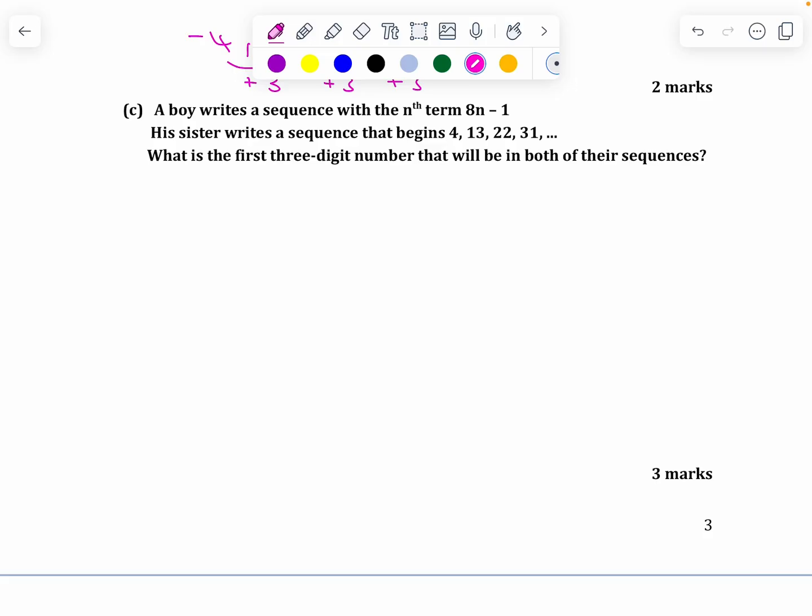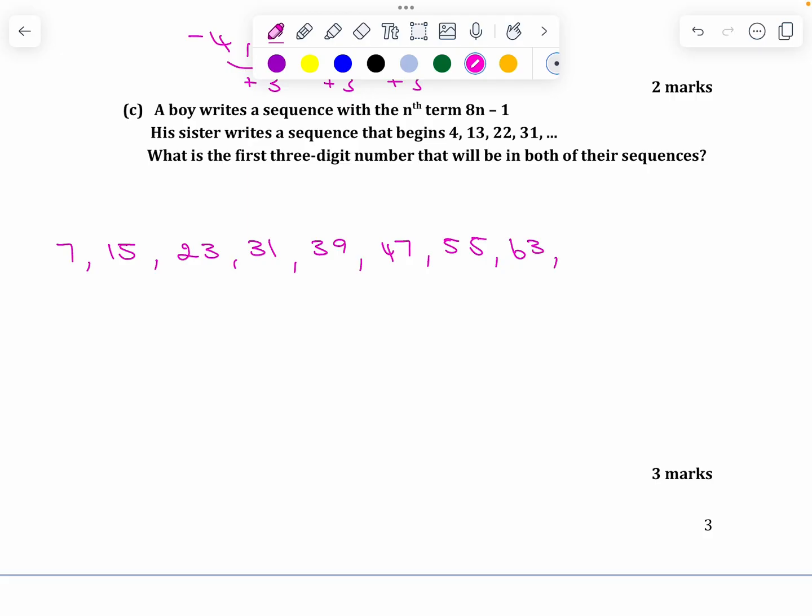So let's do it. 8 times table, take away 1. So it's going to start with 8, take away 1, which is 7. And each time I'm adding 8. So I'm just going to write down 7, 15, 23, 31, 39, 47, 55, 63.